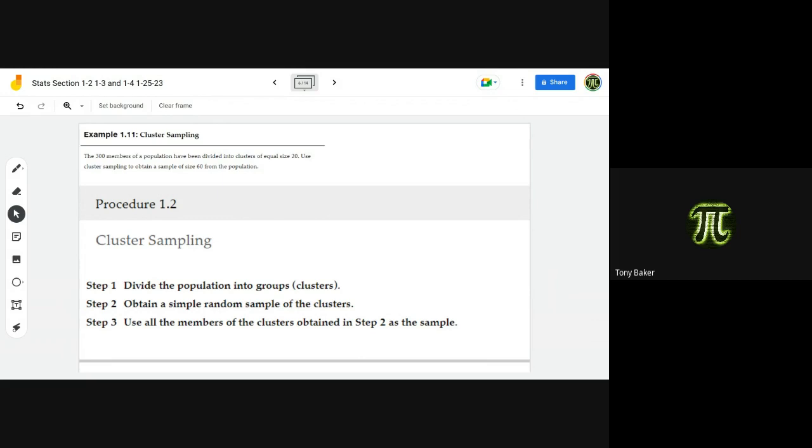And when you're looking at any kind of cluster or any kind of randomness, you want to make sure that the sample that you're looking at is indicative of the entire population that you're looking at. Okay, so cluster sampling will work, but you got to make sure that the clusters are designed around the entire population.